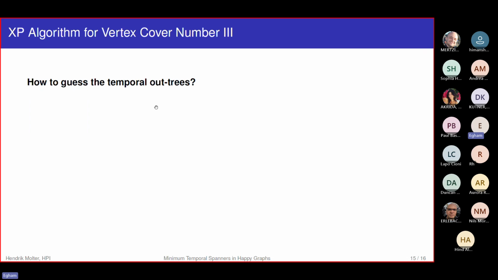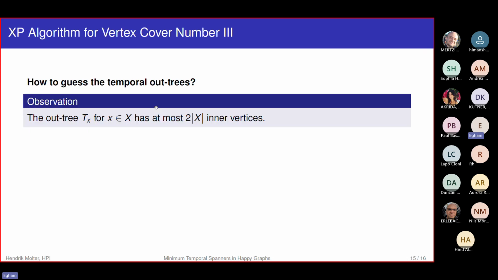But for the second one, we just need the small observation that an out tree rooted at X can only be a tree with a bounded vertex cover number, because the whole graph has bounded vertex cover number. That means that it has at most 2 times the size of the vertex cover number inner vertices. So I can basically guess the whole structure of the tree except for the leaves, which are in the independent set.